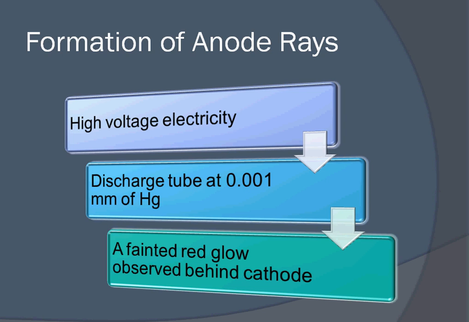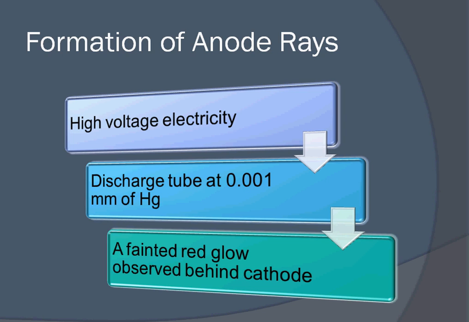These negative and positive particles conduct electrical current through the discharge tube. The formation of negatively charged cathode rays and positive rays from a gas tells us that an atom contains two types of particles: first the negative particle, second the positive particle.